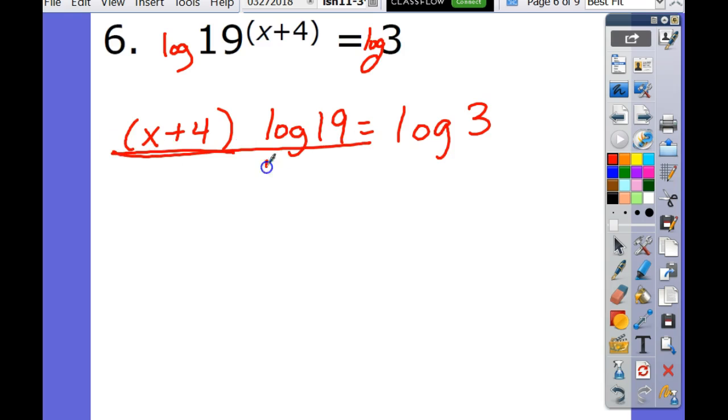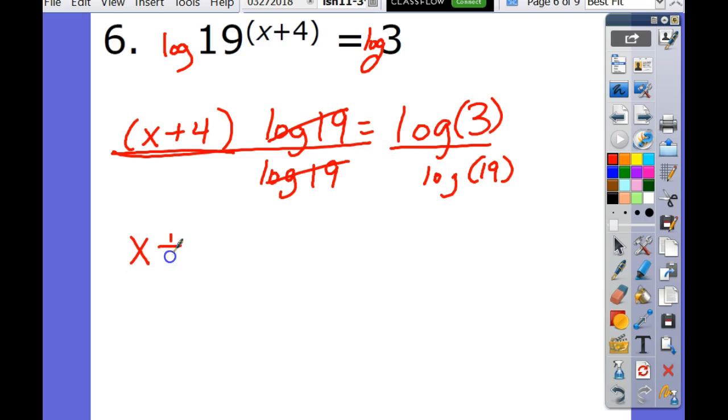I am solving for the x, so I need to divide by the log of 19. Log of 3 divided by log of 19.